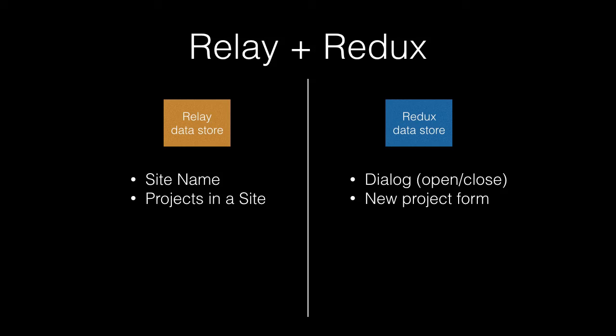Maybe this can live inside the Redux data store without Redux knowing anything about the project, because you just collect a temporary state, and then once the user clicks save, that's when you fire the mutation, and the information goes into the Relay realm.